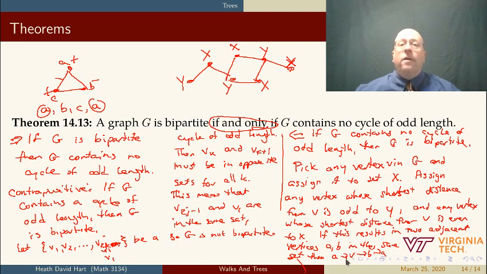Or A to V is even, but V to B is also even. And then B to A is one more edge. And even plus 1 is also odd.